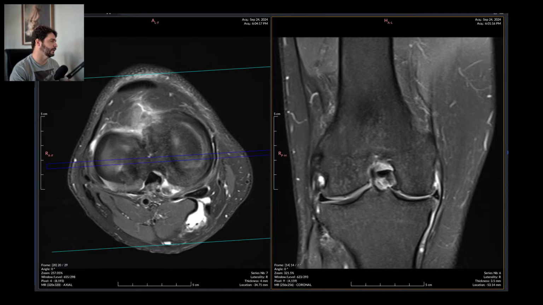So it's a moderate arthrosis, patellofemoral and femoral tibial, medial femoral tibial. Also, small articular joint effusion.